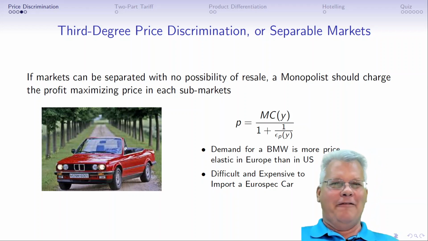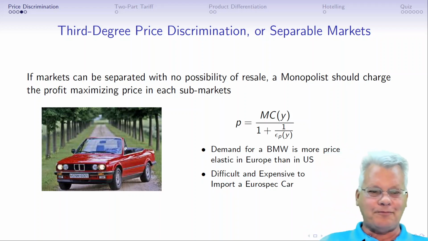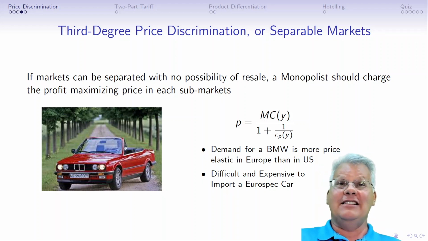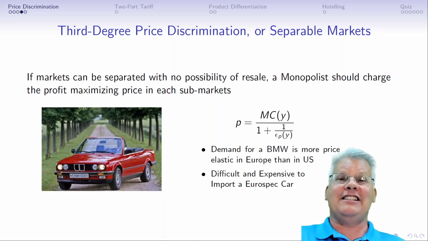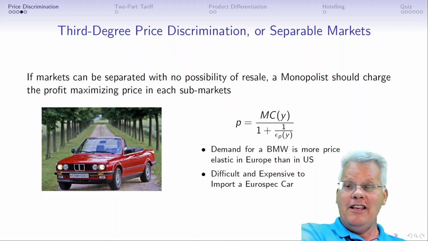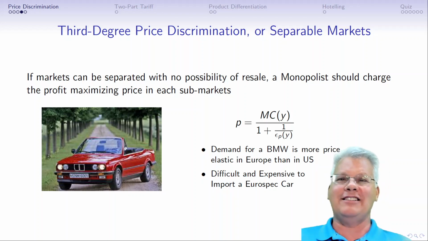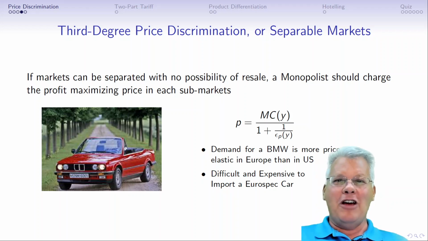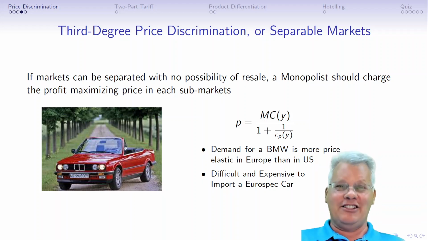So very, very draconian. What this basically means then is that it's hideously expensive to bring a European spec car into the US. The federal government, conveniently for BMW, separates the markets.